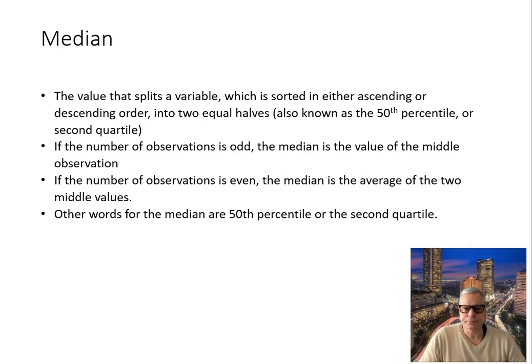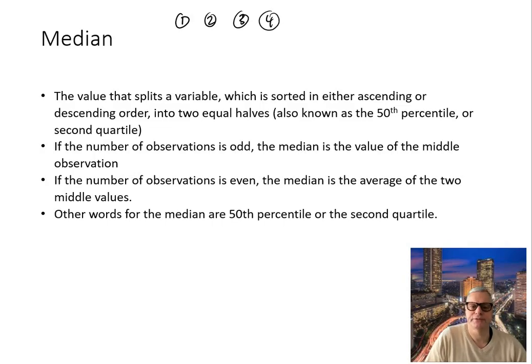And when we calculate it, if you have large data, it doesn't matter, but just for accuracy, let's say we have 4 observations: 1, 2, 3, 4. Let's say those are 4 children and we look at their age. One kid is 2, the other one is 3, the other one is 6, and the other one is 7.